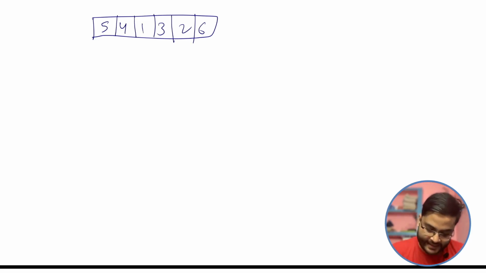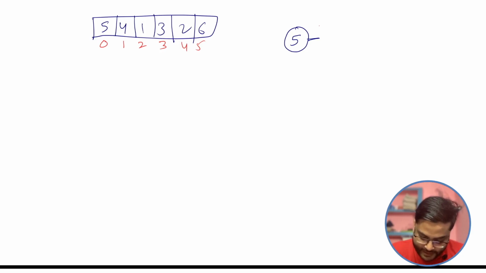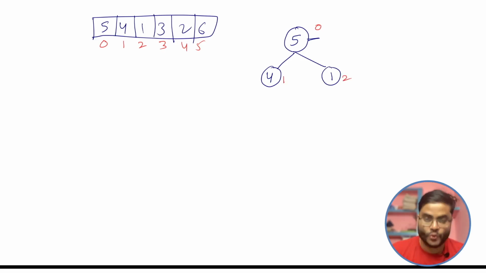So this is our array, and the array indexes are 0, 1, 2, 3, 4, 5. So if we create our heap, this will be the parent, and its index will be 0. Now the children of 5 will be 4 and 1, and their indexes are 1 and 2.